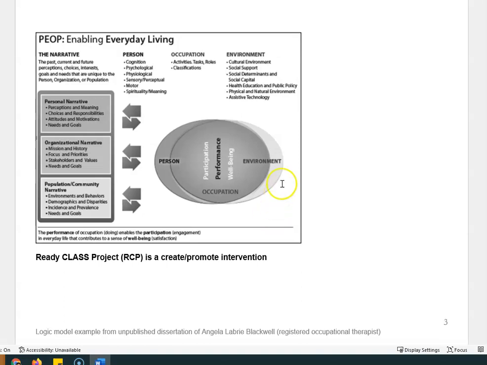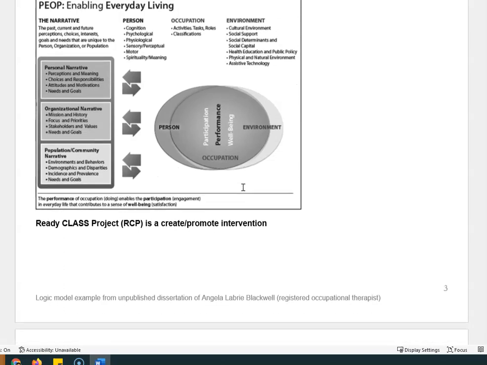I wanted to look at the whole environment, how I could change the environment to promote healthy, effective self-regulation skills. So by engineering the environment, I am having an impact on the children and their performance, participation, and well-being specifically.